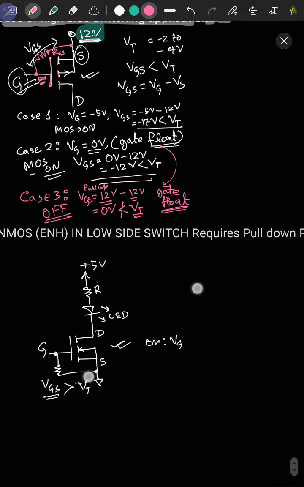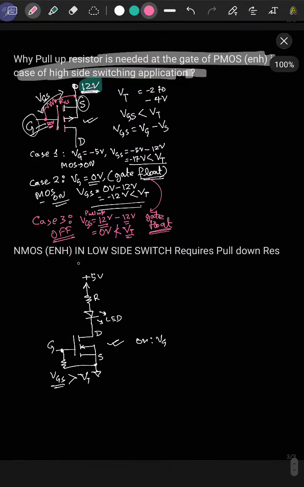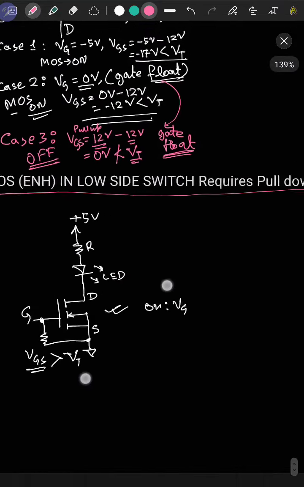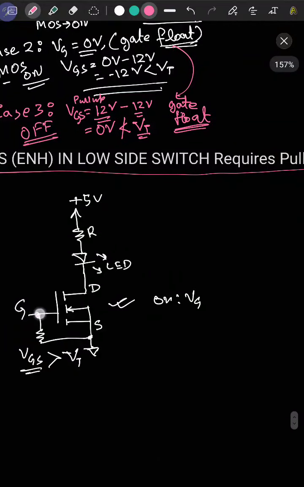Similarly, in case of an NMOS, in a low side switch arrangement, as shown here, we require a pull-down resistor from the gate to source.